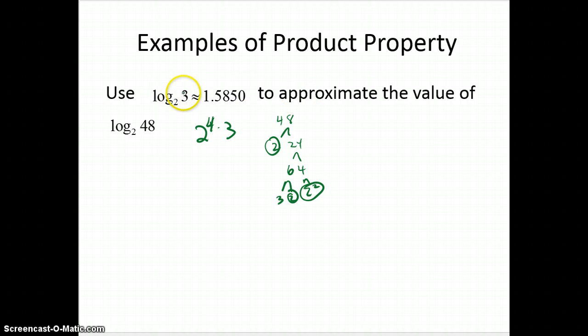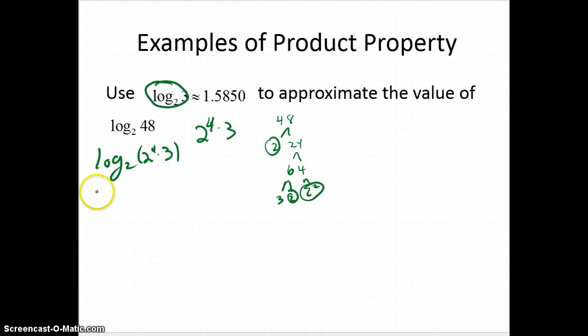Then I would look and see, what are you given? You're given an approximation of a log, log base 2 of 3. So if we rewrote this as log base 2 of 2 to the fourth times 3, notice 2 to the fourth times 3 is 48.